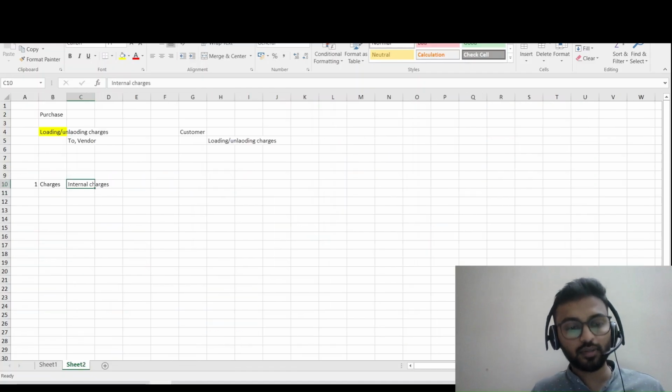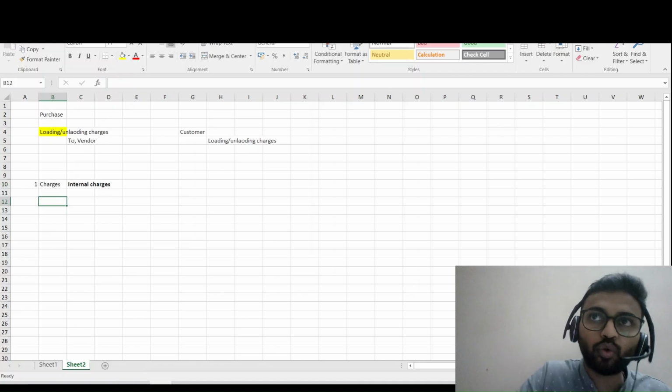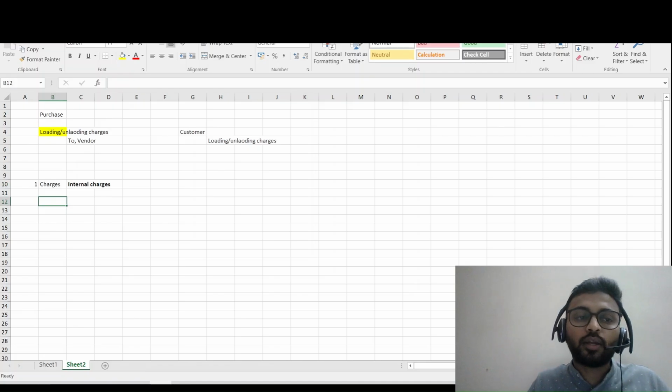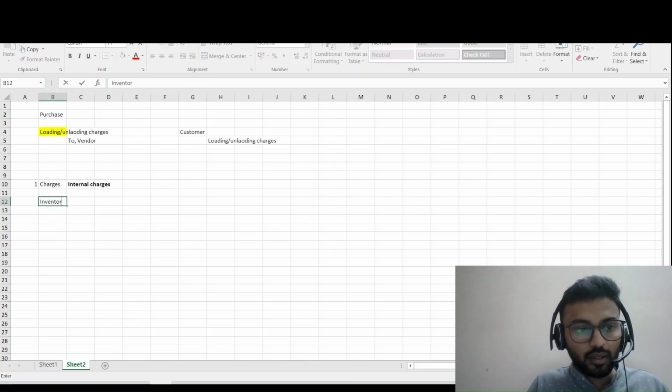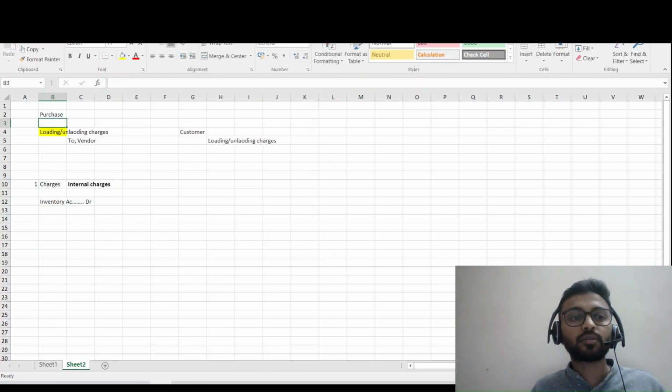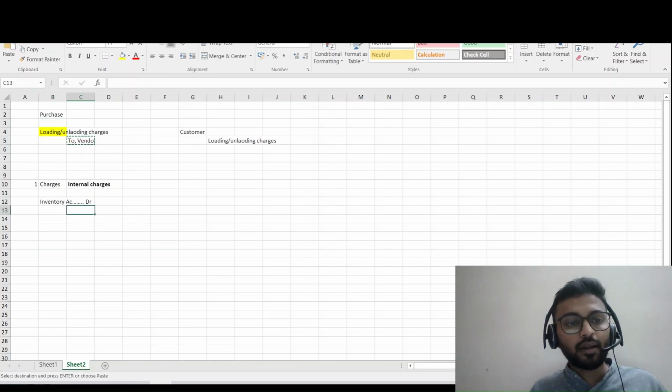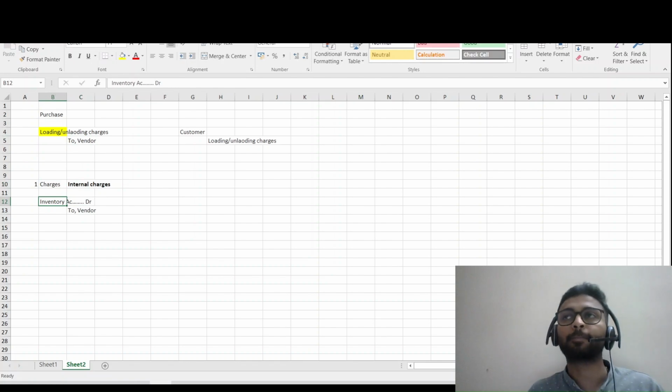Those charges are borne by the company, so they will be added into the inventory. They will be added into the cost of the company. So in this case, the inventory account will be debited and the vendor account credited. Whenever there are internal charges, it will be a cost to the company.